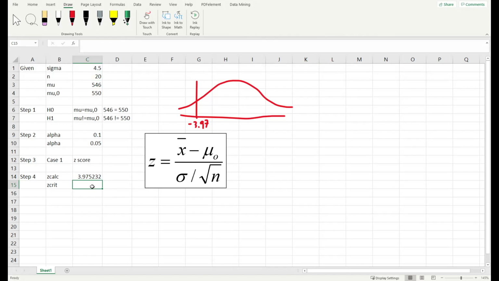So pwedeng ang Z crit natin is equal to, the way we compute for Z crit is to do norm. So norm is for the normal distribution, no? And that is where your Z scores lie, no? So we go norm dot S to signify that it is a standard, standardized na normal distribution siya.